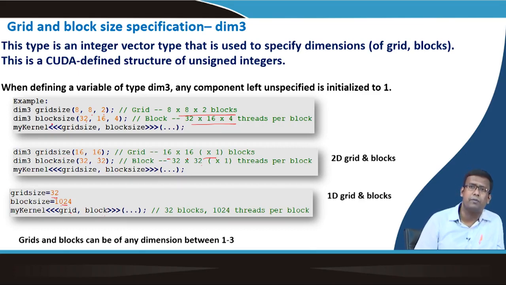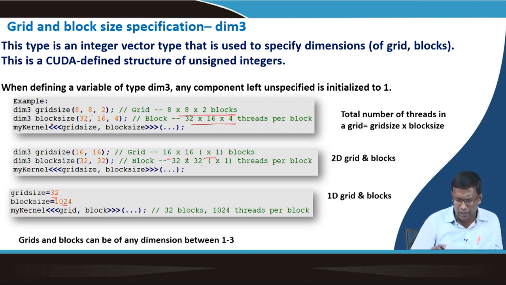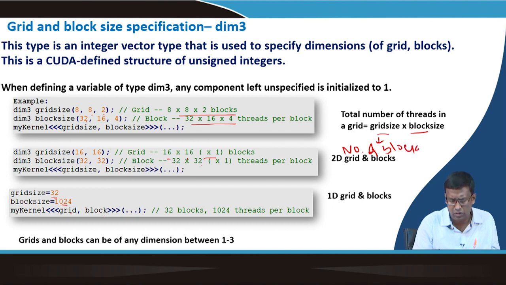Similarly, the arrangement of threads per block can be 1D, 2D and 3D. And the total number of threads launched in a grid will be grid size into block size. Grid size is the number of blocks, and block size is the number of threads per block.